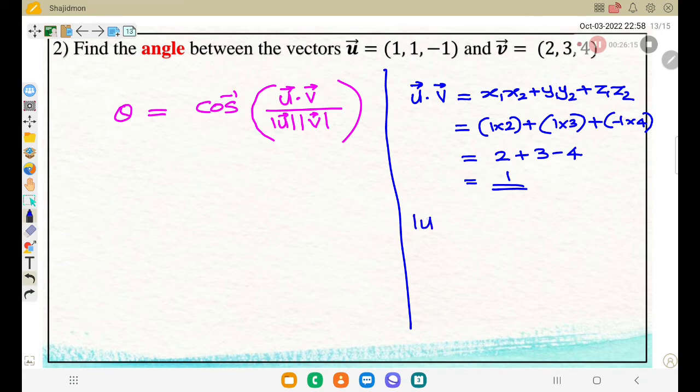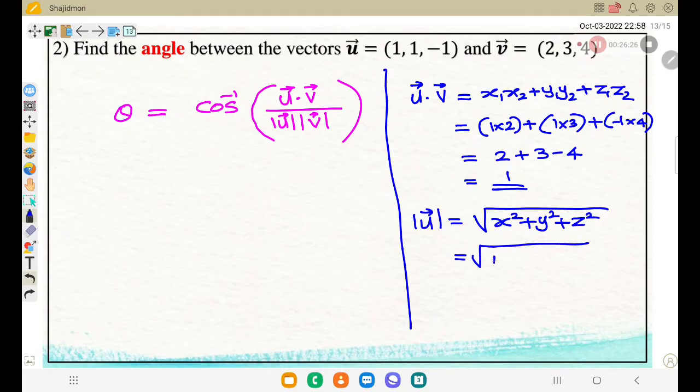Now absolute vector u means root of x power 2 plus y power 2 plus z power 2. So root of 1 power 2 plus 1 power 2 plus minus 1 power 2. So we will get root 3.